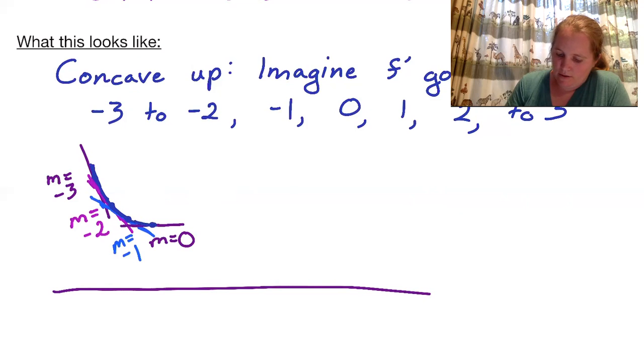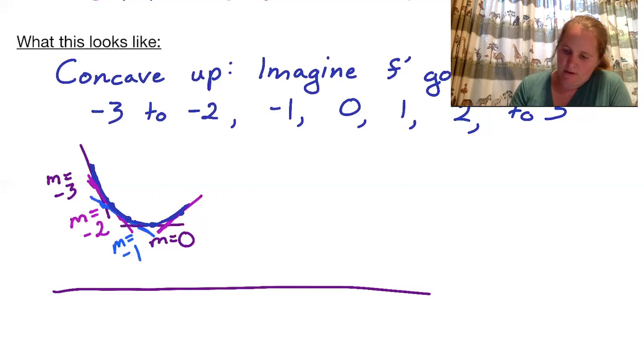And now the graph is completely flat. If we go to 1, it starts getting steeper in the opposite direction.